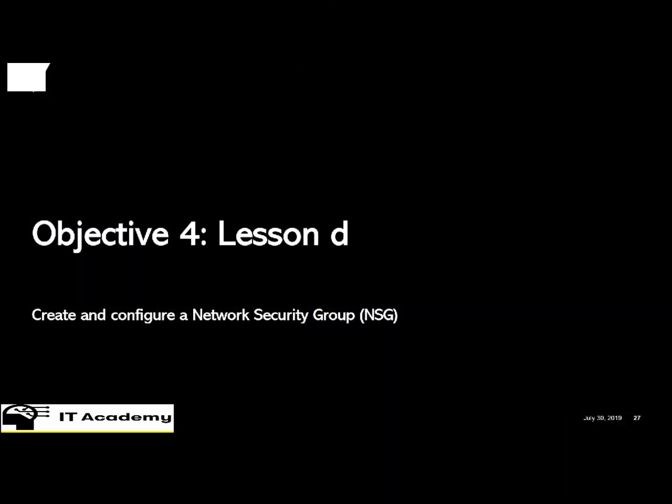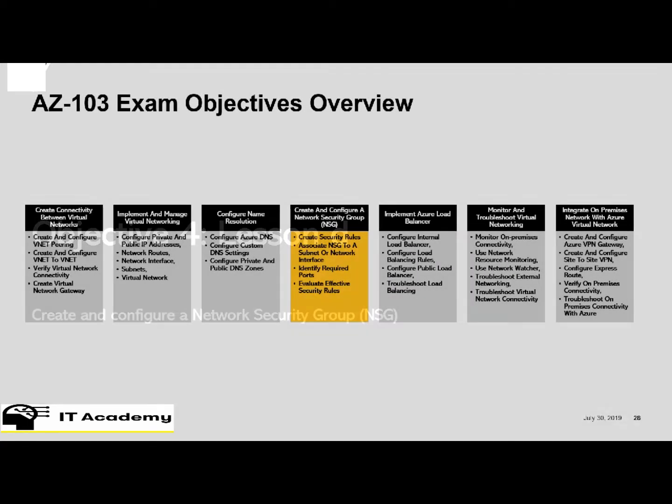In Lesson D of Objective 4, we're going to learn how to create and configure network security groups, allowing us to control the traffic that can flow onto a virtual network card or into an entire virtual subnet. As a Microsoft Certified Azure Systems Administrator, you need to be able to use network security groups to control the traffic on your networks.